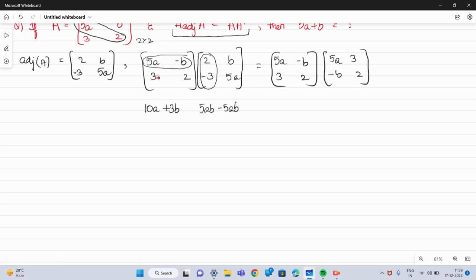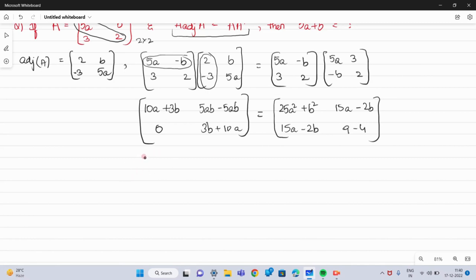Again, this with this, 6 minus 6, 0, and 3B plus 10A. And in the RHS, again multiply this, which will give 25A square plus B square, and 15A minus 2B, 15A minus 2B, and 9 minus 4.